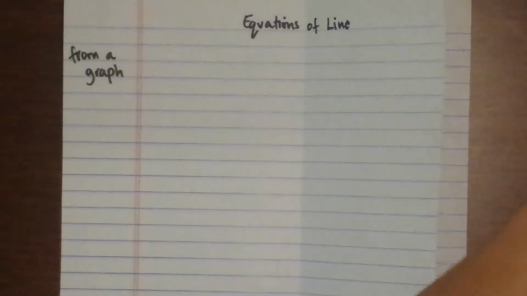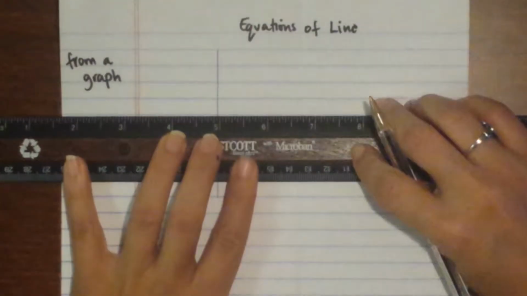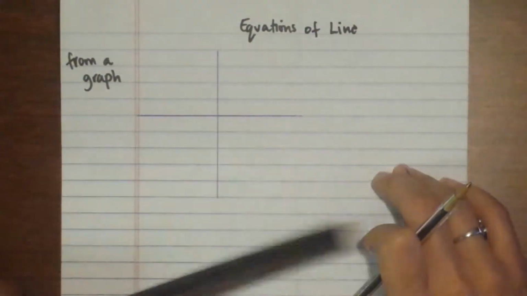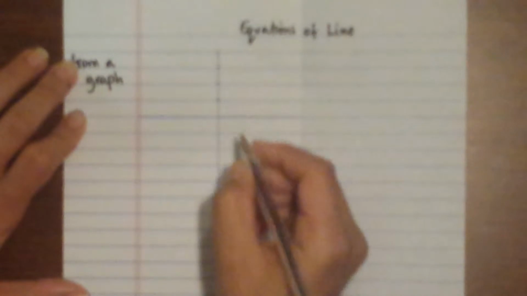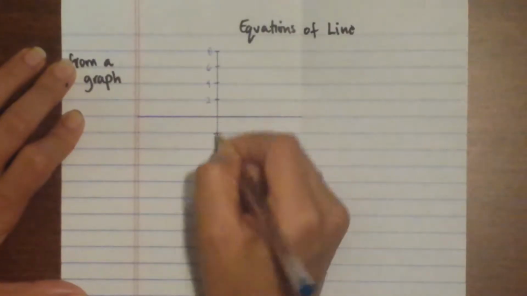Alright, so I'm going to go ahead and draw a graph. We're just going to make a graph together. As you're doing this, try and make it as accurate as possible. Each one of these lines is 2. So 2, 4, 6, 8, and that's 0, of course.